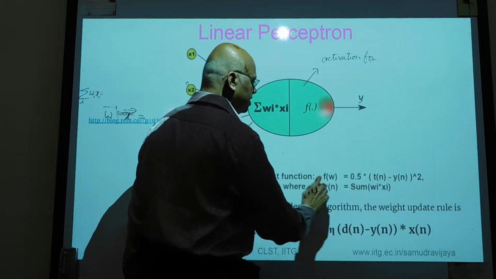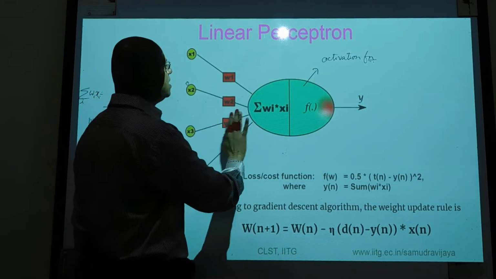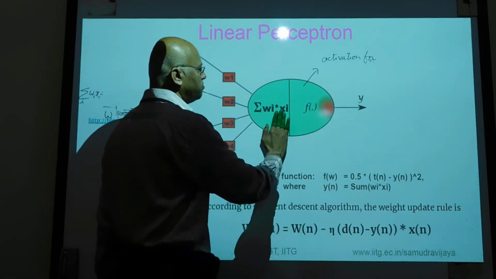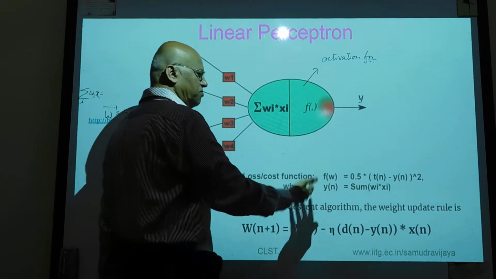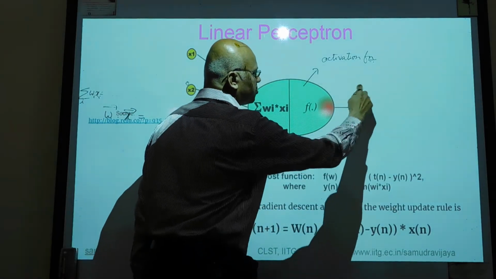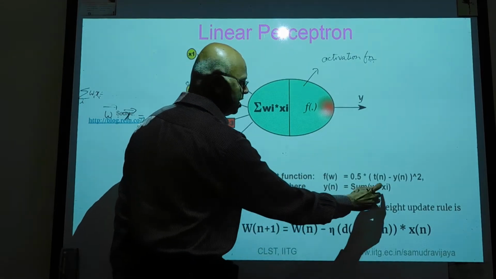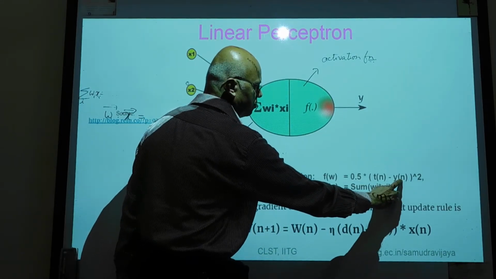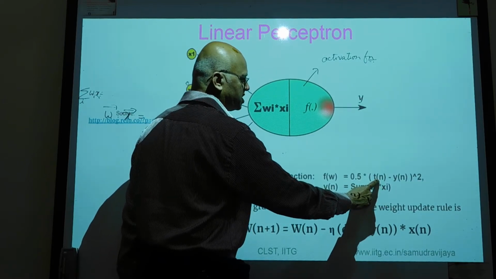If this neuron is initialized with some random weights, its weighted sum is computed and the activation function is applied, which is a thresholding in this particular case, and the output is produced. So corresponding to an input x of n, we have an output y of n, and the target output, the desired output, is t of n.